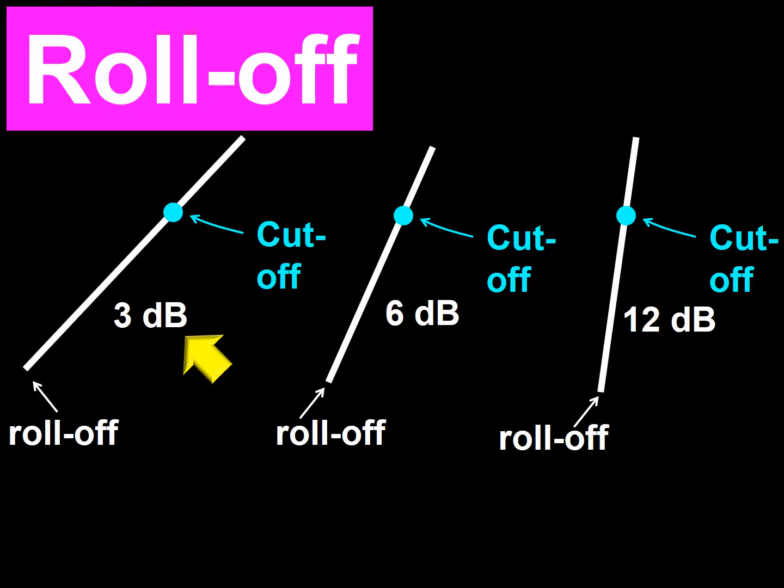As you can see, the steepness of a 3 dB is less than the steepness of a filter with a 6 dB per octave roll-off, and the steepness of a 6 dB roll-off filter is less than the steepness of a filter with a 12 dB roll-off.